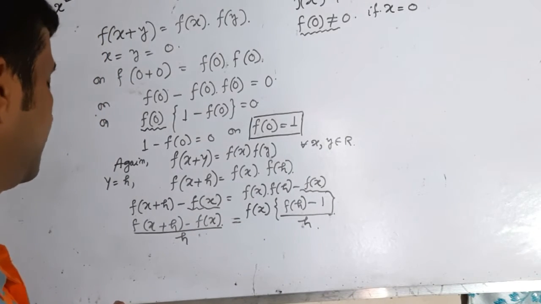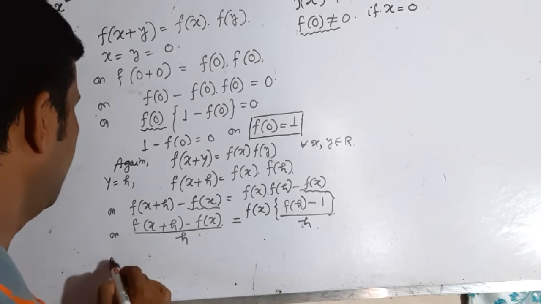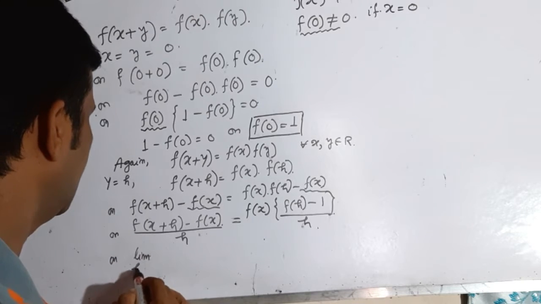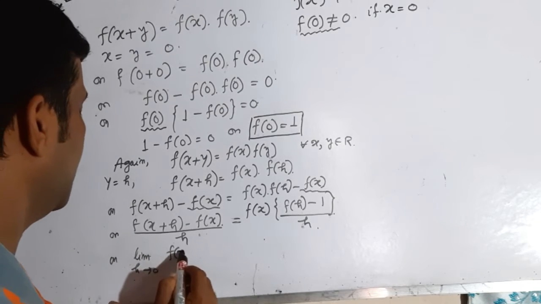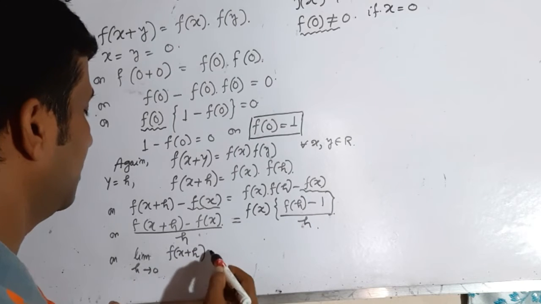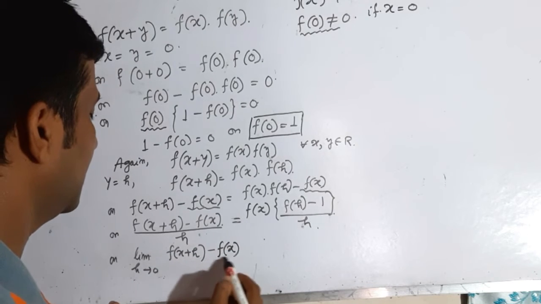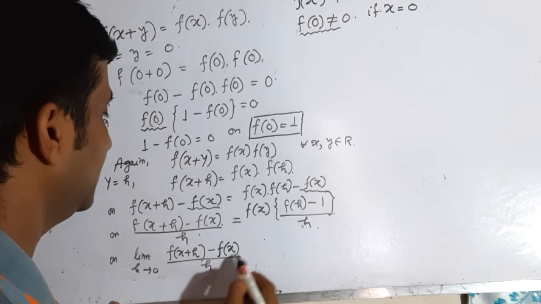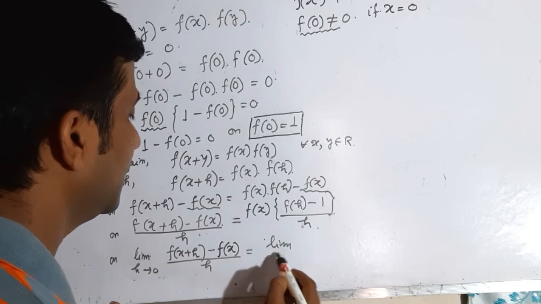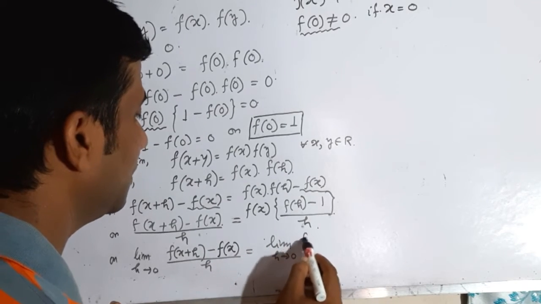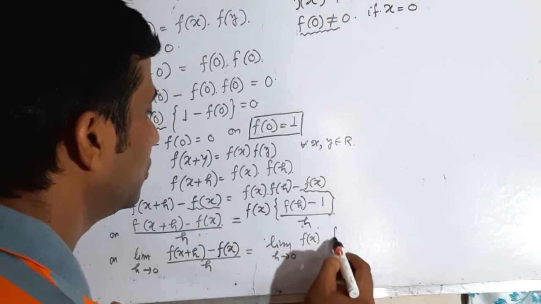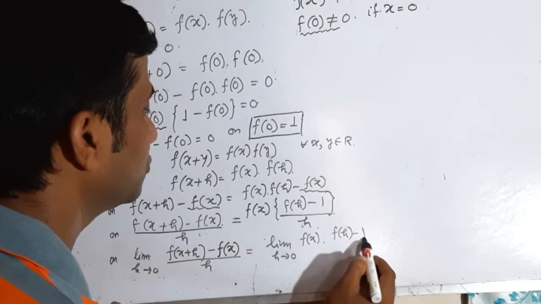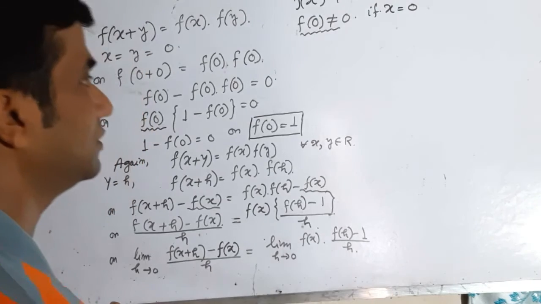Now taking limit h tends to 0, f of x plus h minus f of x by h is equal to limit h tends to 0, f of x into f of h minus 1 by h.